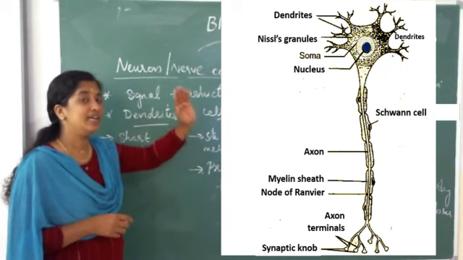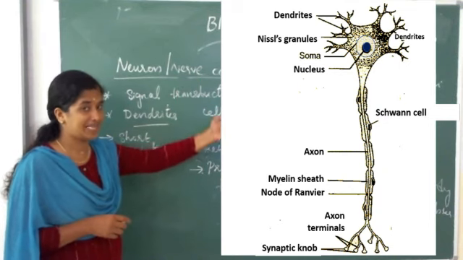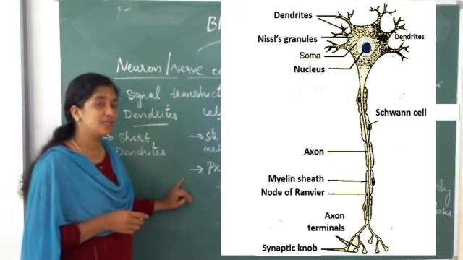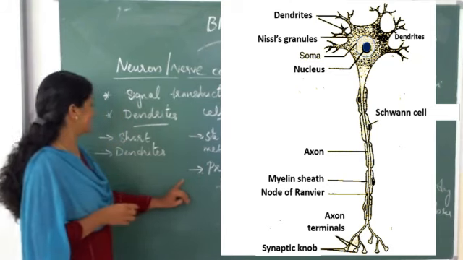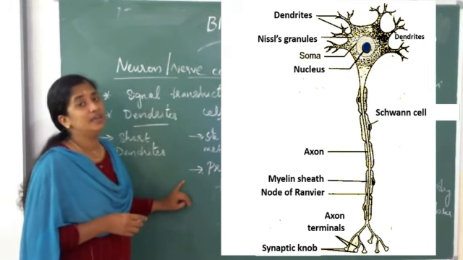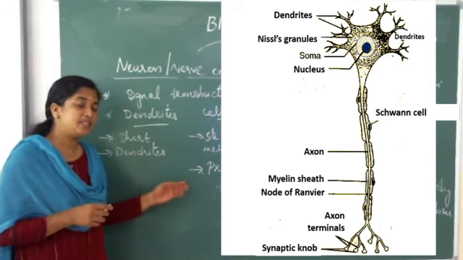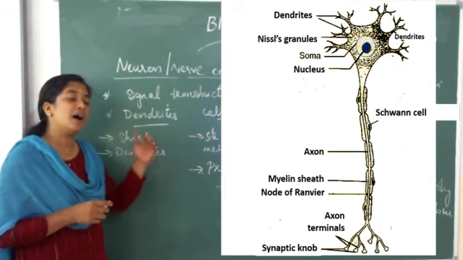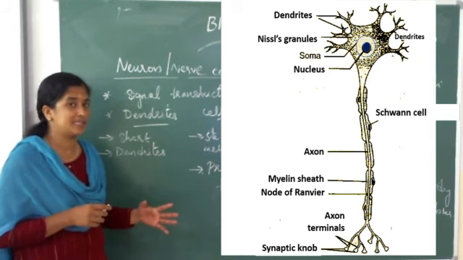The cell body consists of a nucleus and some branches. Fine branches develop from the cell body, that is dendrites. They are short branch-like structures from the cell body. These dendrites mainly receive impulses from other neurons or from sensory organs.